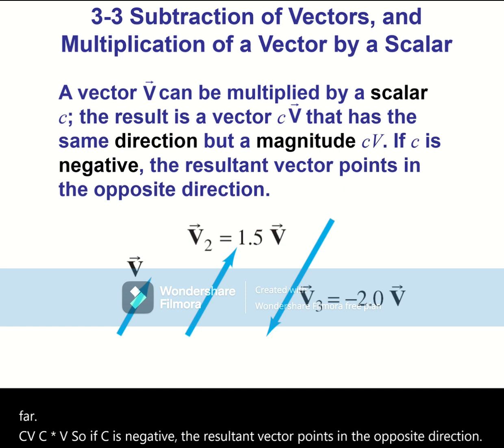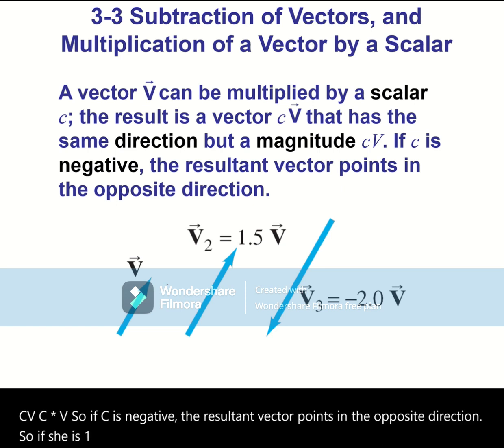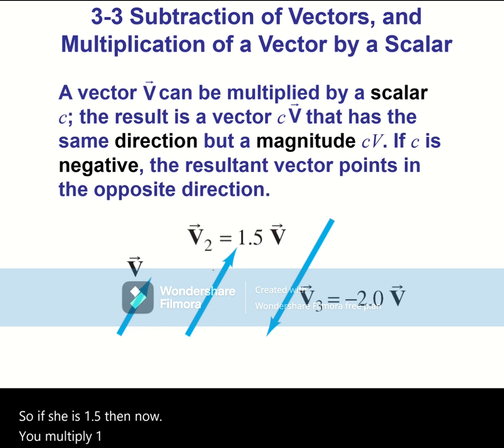So if c is 1.5, then you multiply 1.5 to the vector v. So v2 is 50% longer than v. This one is 50% longer, but their direction is the same.